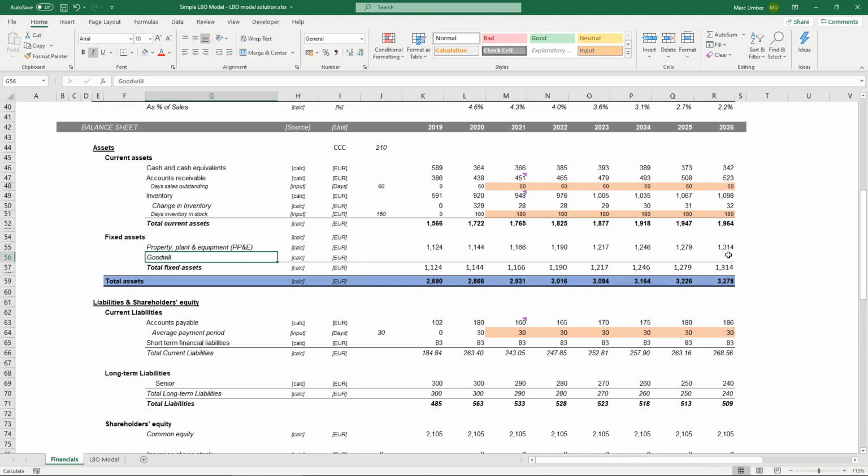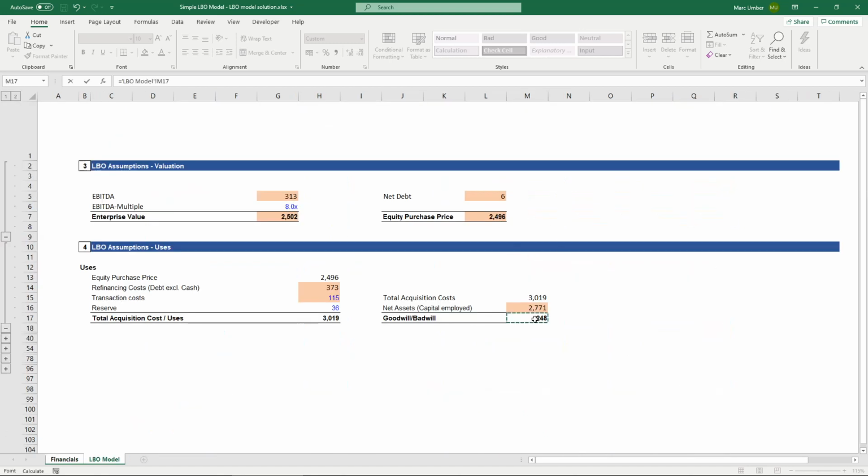Let's make sure that we highlight this in a certain way. All the new elements and the changes will be highlighted now. And we introduced the goodwill in 2022. This is the time where the LBO takes place.